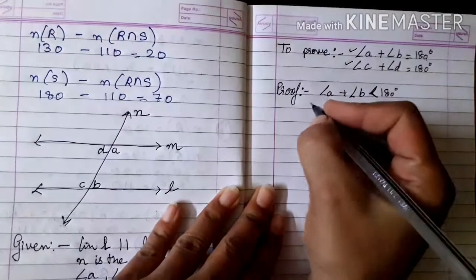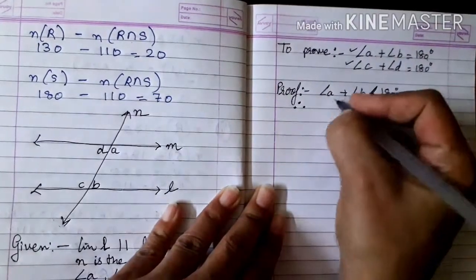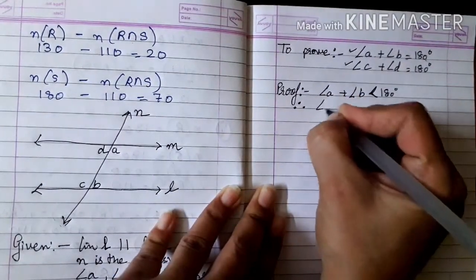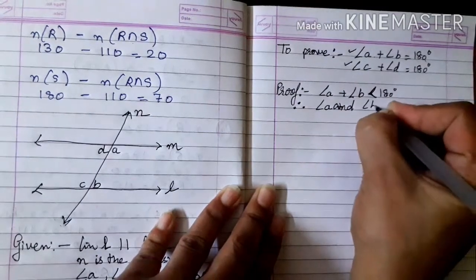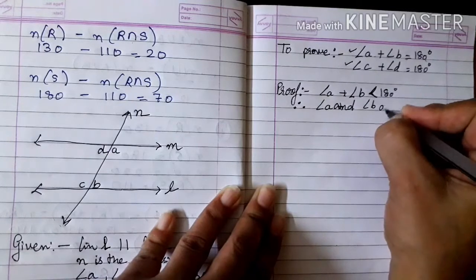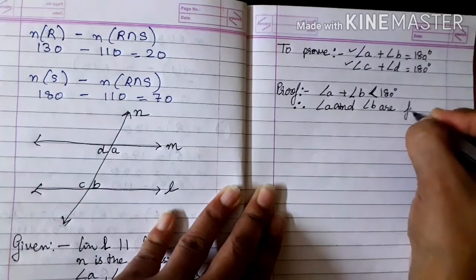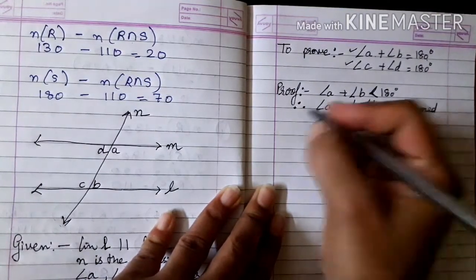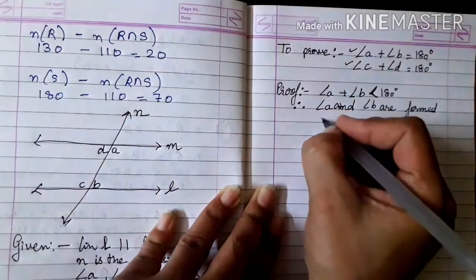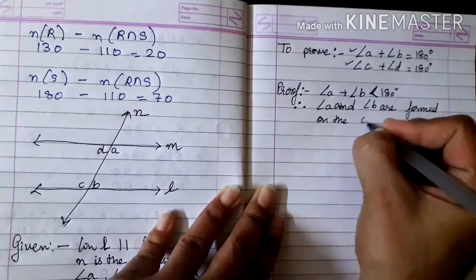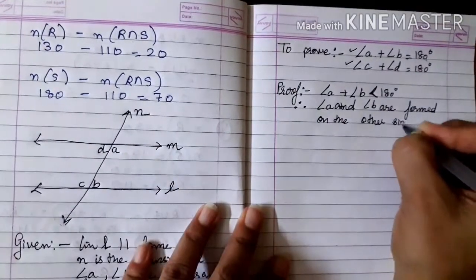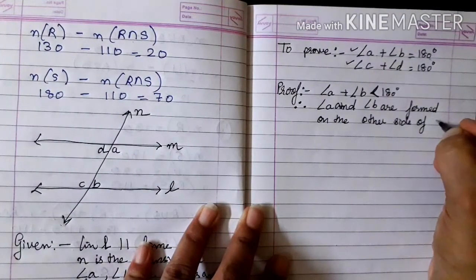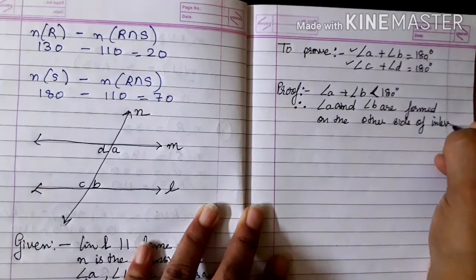So we can say that the lines are produced on the other side of the intercept.